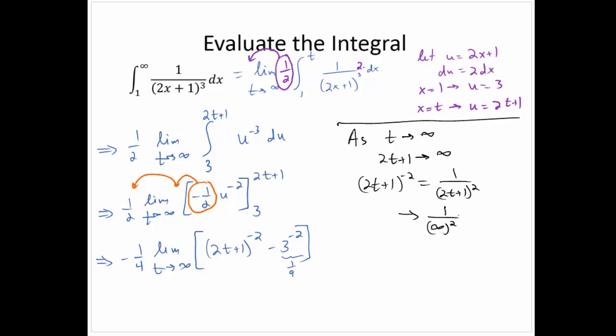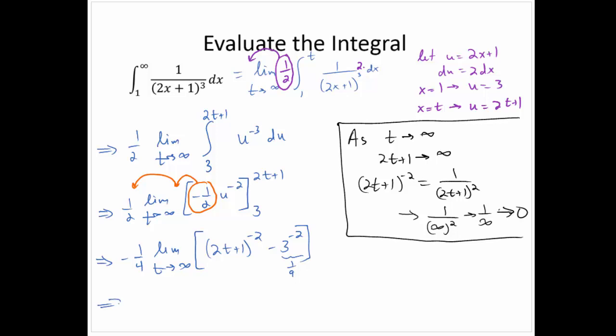Well, infinity to the second power is still infinity. So that's 1 over infinity, which approaches 0. So what we have now is that this, after taking this limit, right, so this is a little bit of side work.